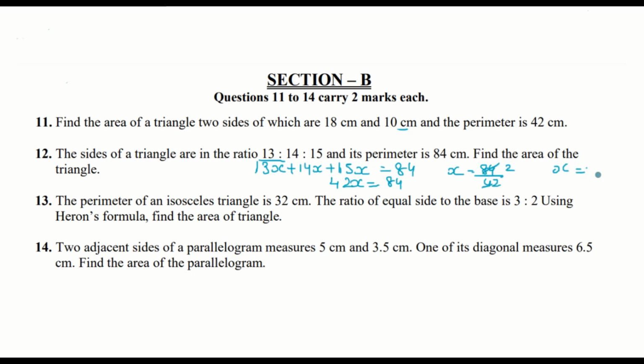If x is 2, then the sides are 13 twos are 26 and 14 twos are 28 and 15 twos are 30 centimeter. So the sides are 26, 28 and 30 centimeter. Perimeter is 84. Let's find the area. To find the area, we should know S, and S is half of the perimeter, so it is 42.